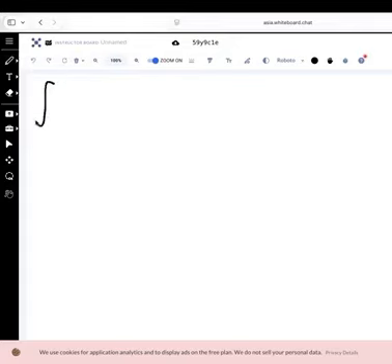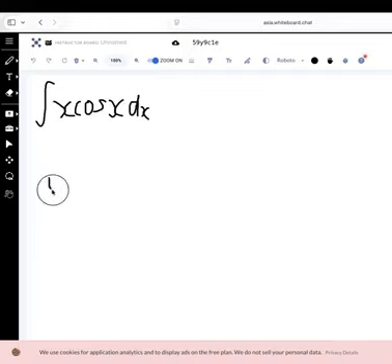Let's take a look at the integral of x times cosine x dx. Now let's determine our u and dv.